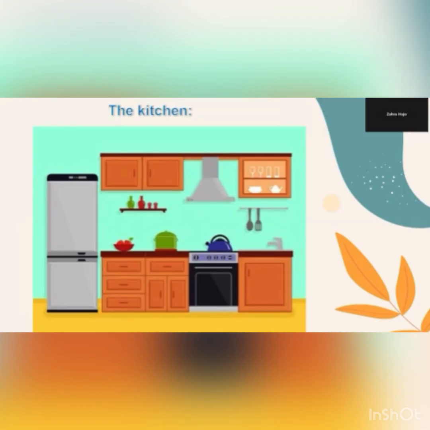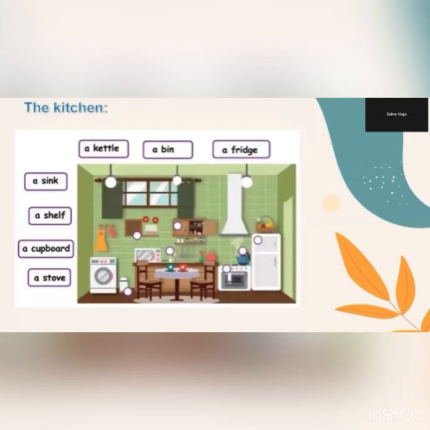These are the furnitures we find in the kitchen. Look at the screen. Stove is where we cook food. It can be hot, so we need to be careful. Sink is where we wash our hands, dishes, and food.